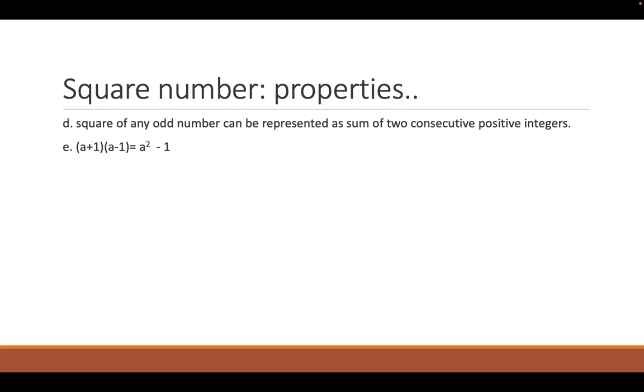Its square is 9, and 9 can be represented as the sum of two consecutive positive integers, 4 and 5. So 4 plus 5 equals 9.